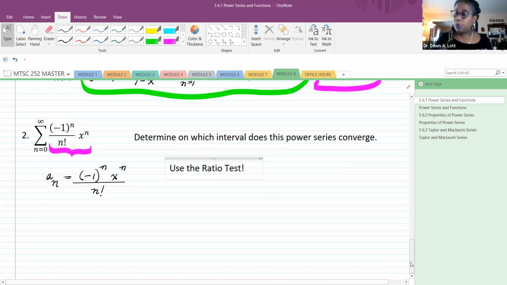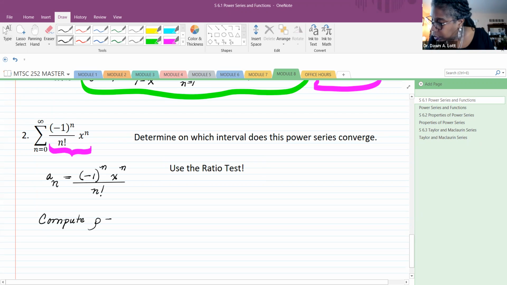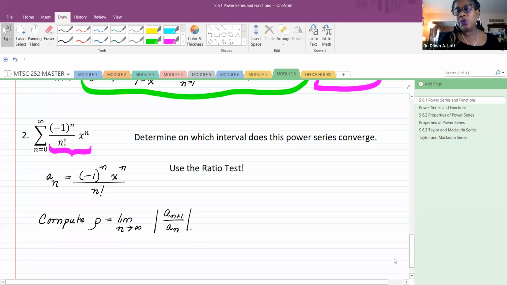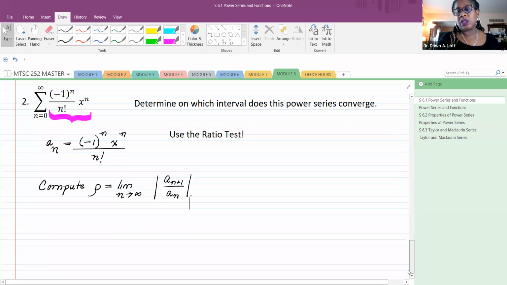All right, so with the ratio test, we have to compute rho equal to the limit as n approaches infinity of the absolute value of a_(n+1) over a_n. So we'll compute that. And then what do we know about the conditions for the ratio test?